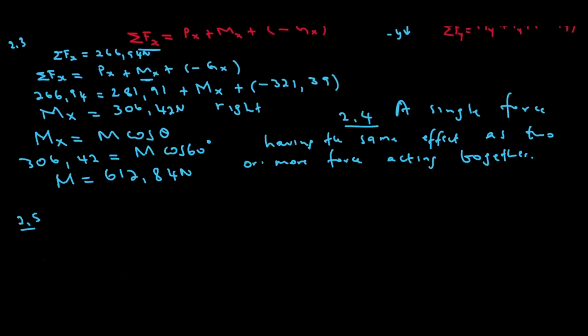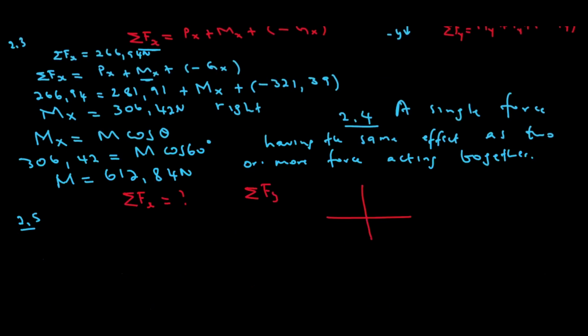Okay, so for you to find the resultant of all the forces that are acting at that point O, what you need is the sum in X, which I think has been given to us, and you also need the sum in Y. And these two are going to be always perpendicular to each other, right?